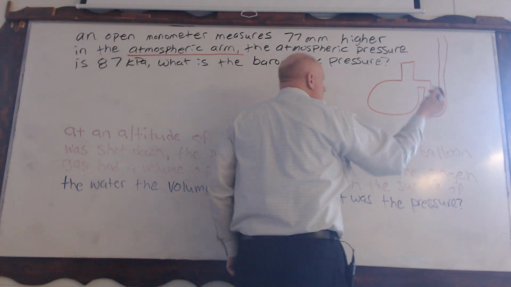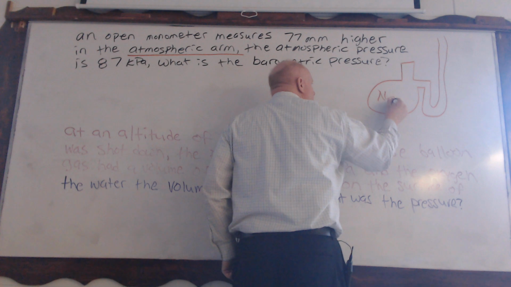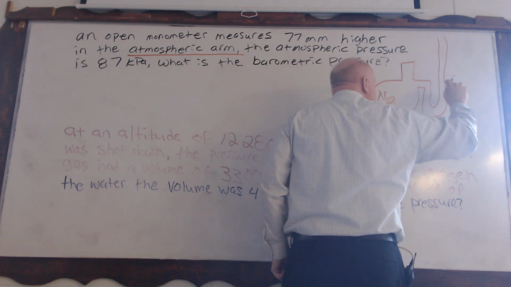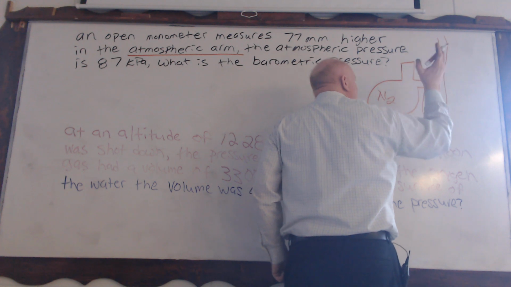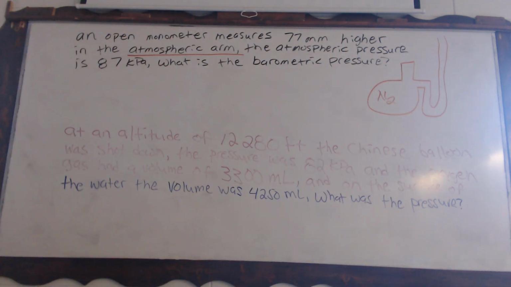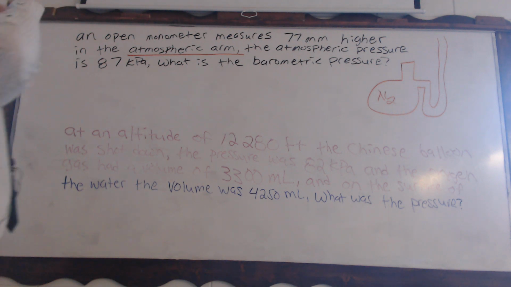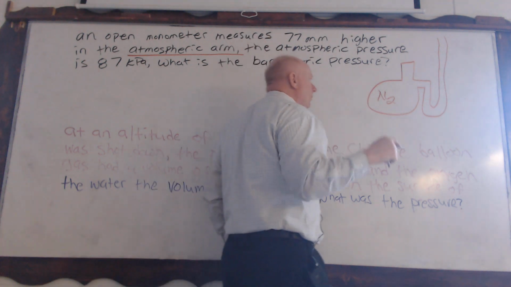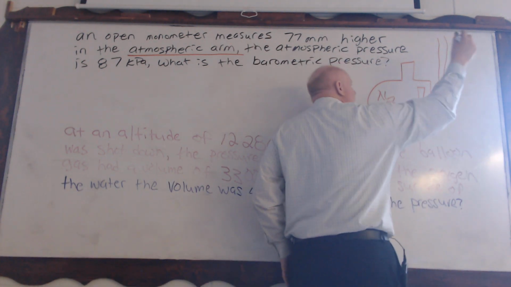So then again, maybe we have some sort of gas in here that's exerting pressure on this mercury. So when we say it's 77 millimeters higher in the atmospheric arm, is that left or is it right? It's on the right side.